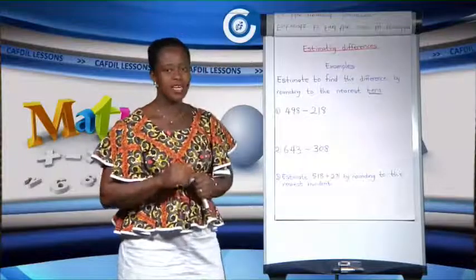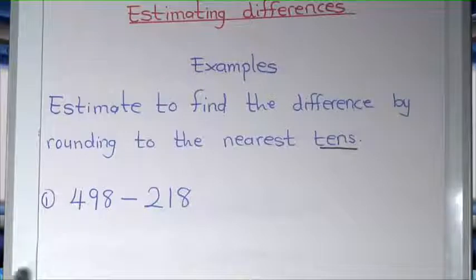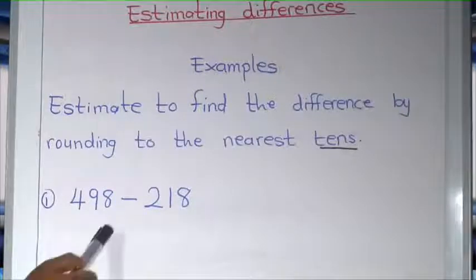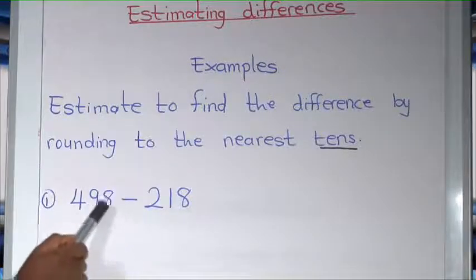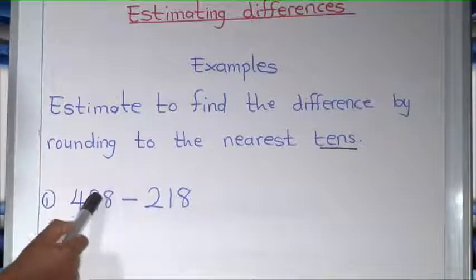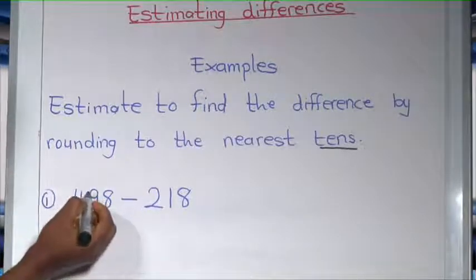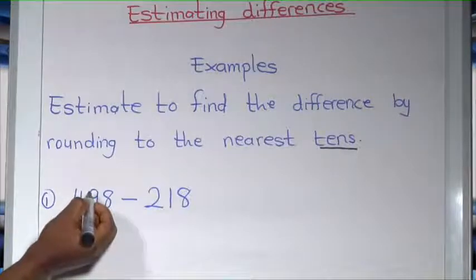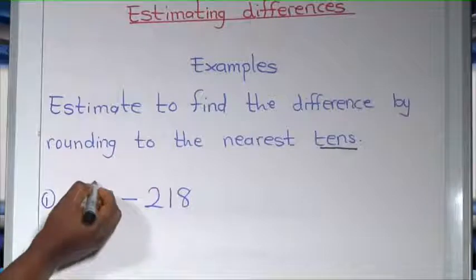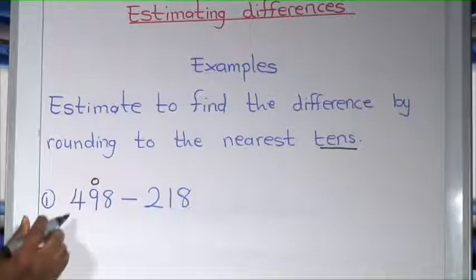498, we are rounding it to the nearest 10. So, as usual, we go right to our next door, which is the ones place. This is 8, more than 5. So we will add 1 to the 9. When we add 1 to the 9, it is 10. We will write 0 and bring the 1 to this place.